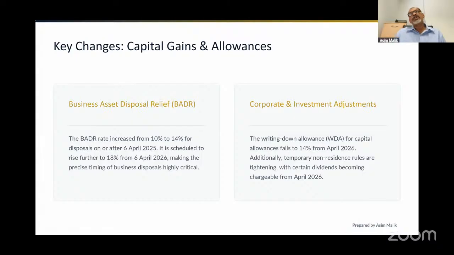Now, if you're an individual, you're not going to get first year allowance, but you're going to get annual investment allowance. Slightly different rule, but in most cases it's a similar one. So just make sure you're not claiming first year allowance and claim the investment allowance.